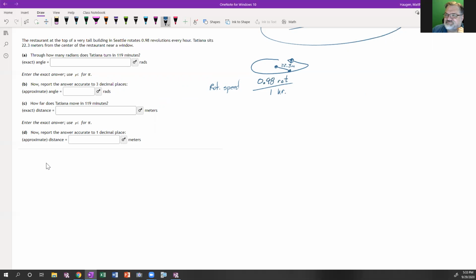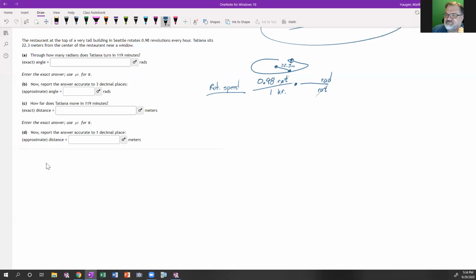Okay, so to answer that, we essentially want to turn this rotational speed into an angular speed, into our omega. So we've got to turn the rotations into radians. So again, we'll cancel out those rotations like we did in class the other day and put in radians. So those will cancel.